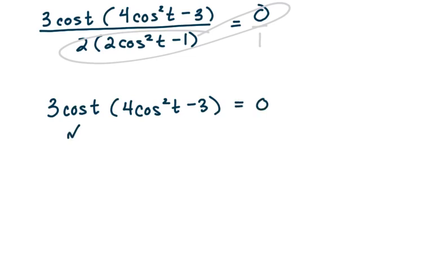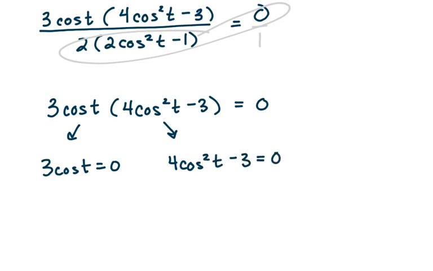In order for me to solve that, I would solve each of these pieces. I've got 3 cosine t equal to 0, or 4 cosine squared t minus 3 equals 0. So my first equation on the left would be the same as cosine t is equal to 0.